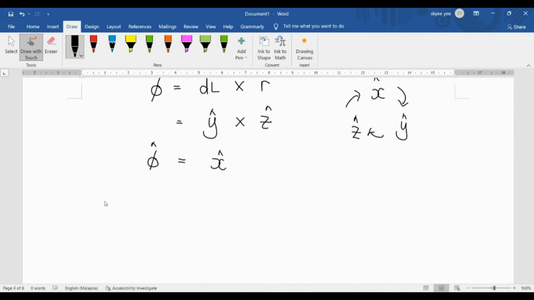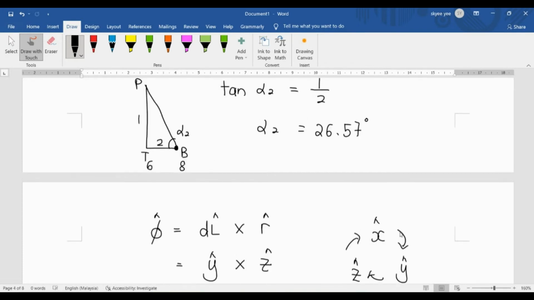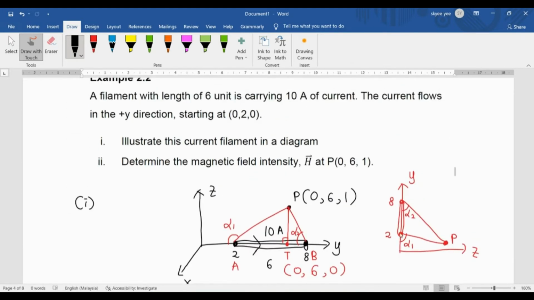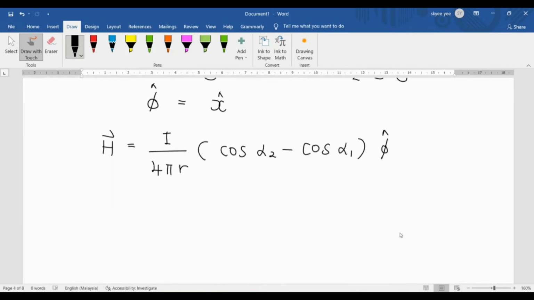Now the magnitude, you can calculate it. It is I over 4 pi r times cos alpha 2 minus cos alpha 1. What is I? I given is 10.